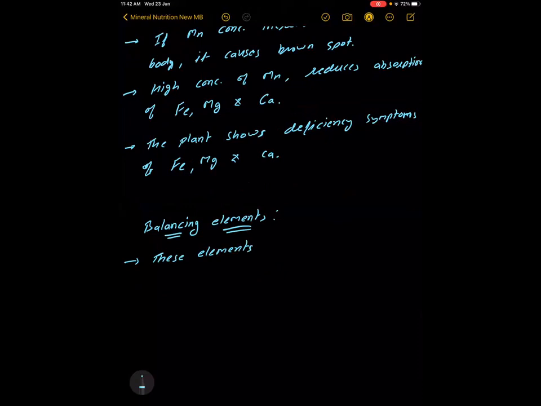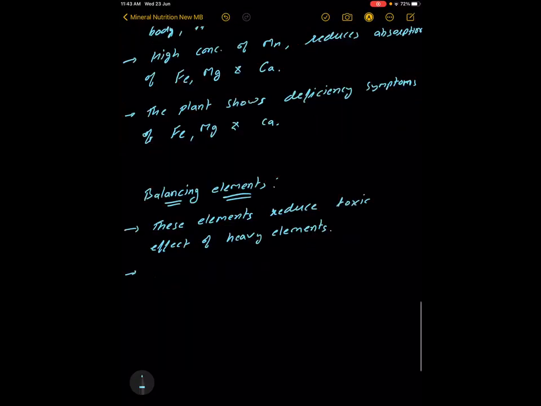These elements reduce the toxic effect of heavy elements, and these balancing elements are calcium, magnesium, and potassium.